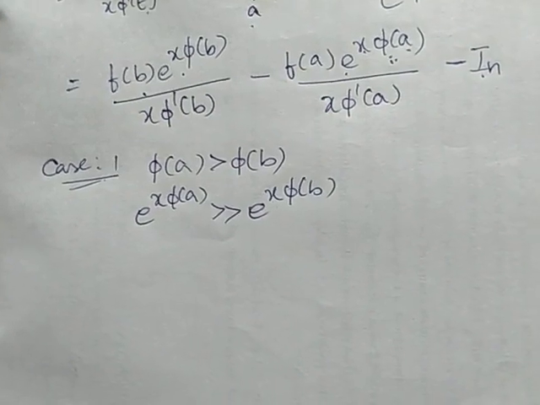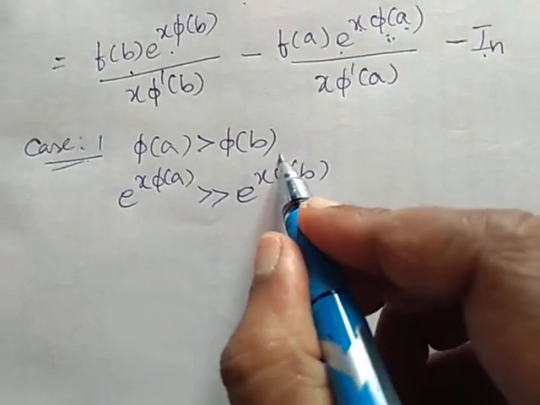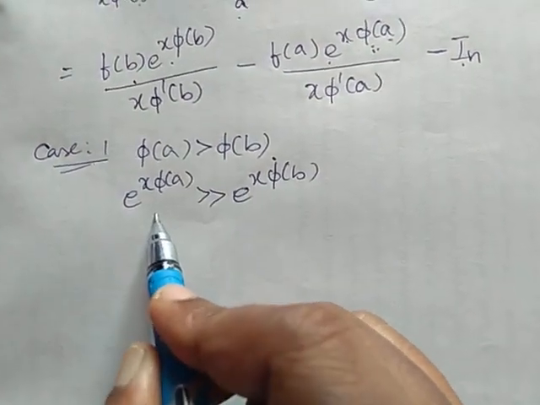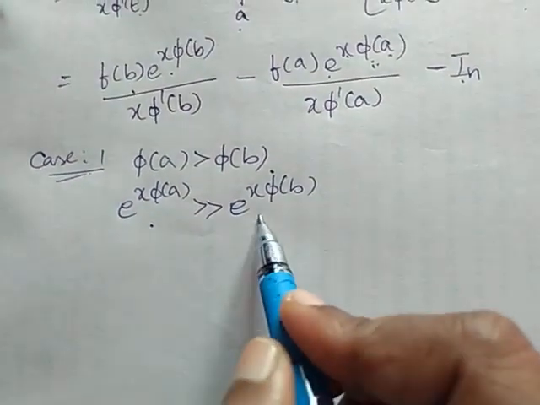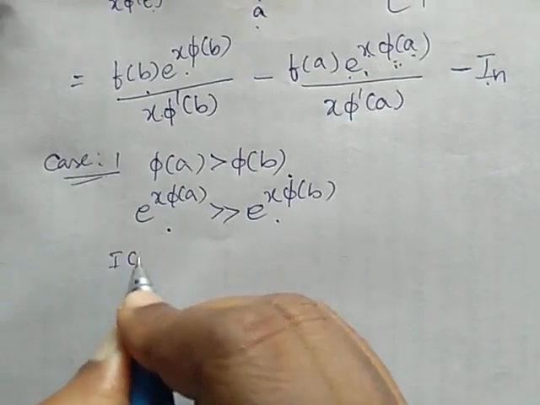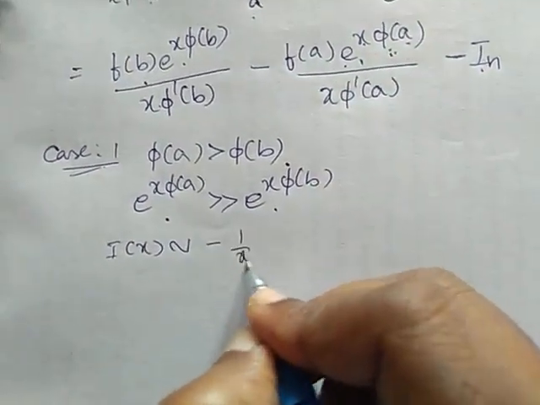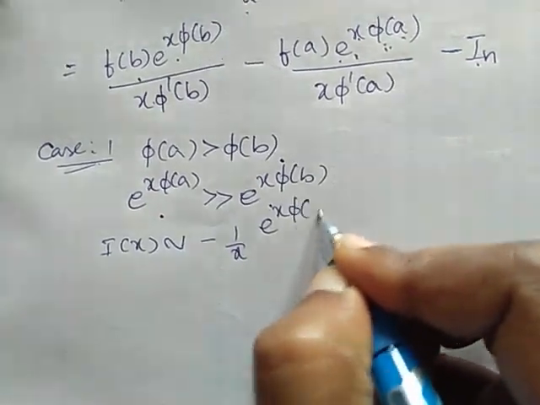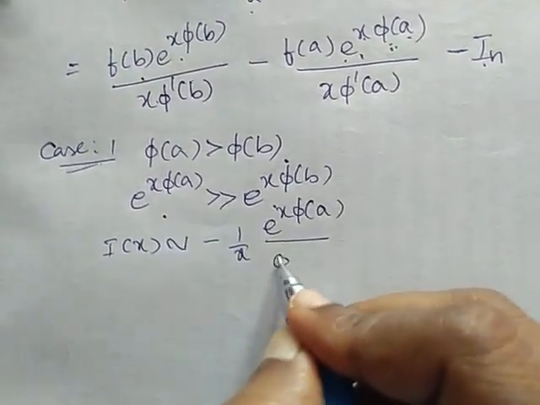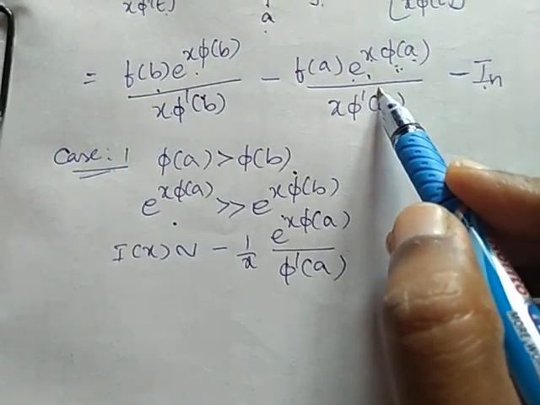So in this case, I of x is asymptotic to minus 1 by x e power x phi of a by phi dash of a. This other term is a very small value, so we have neglected it. We have considered only this.